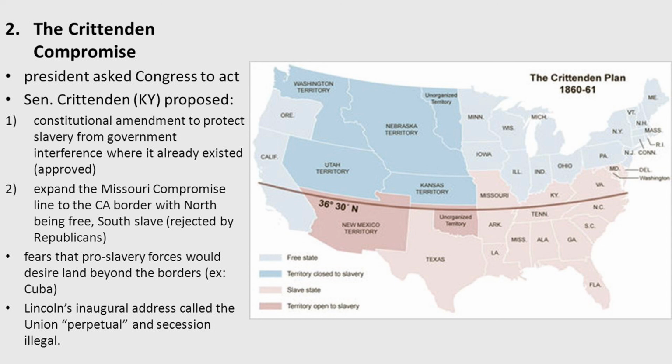So that didn't work out well for them. Again, the idea here is that if you just say, hey, look, it's 36°30', they'll want to expand further south. And so it's just coming clear to many that if you're going to make this work, as far as westward expansion and settling new places, you just can't have the prospect of slavery there.